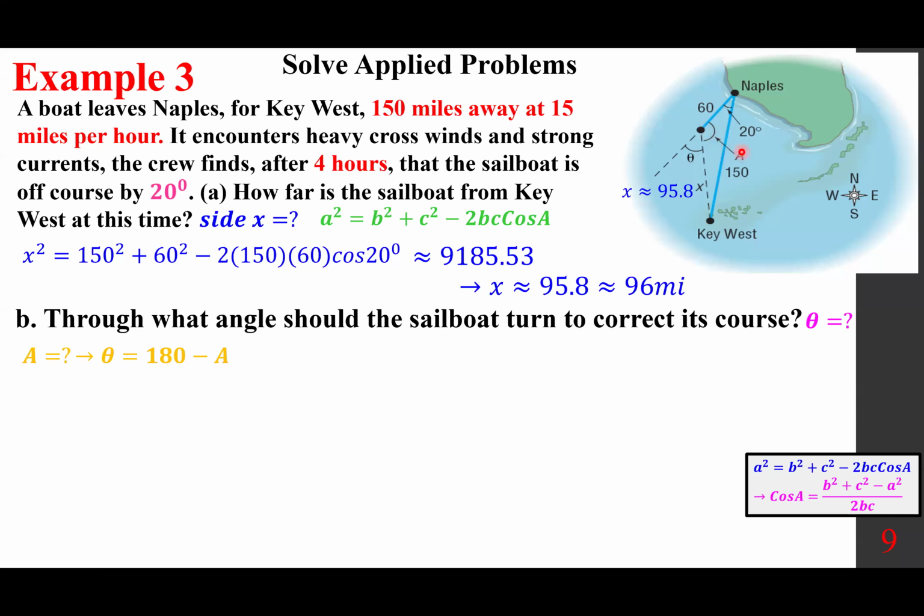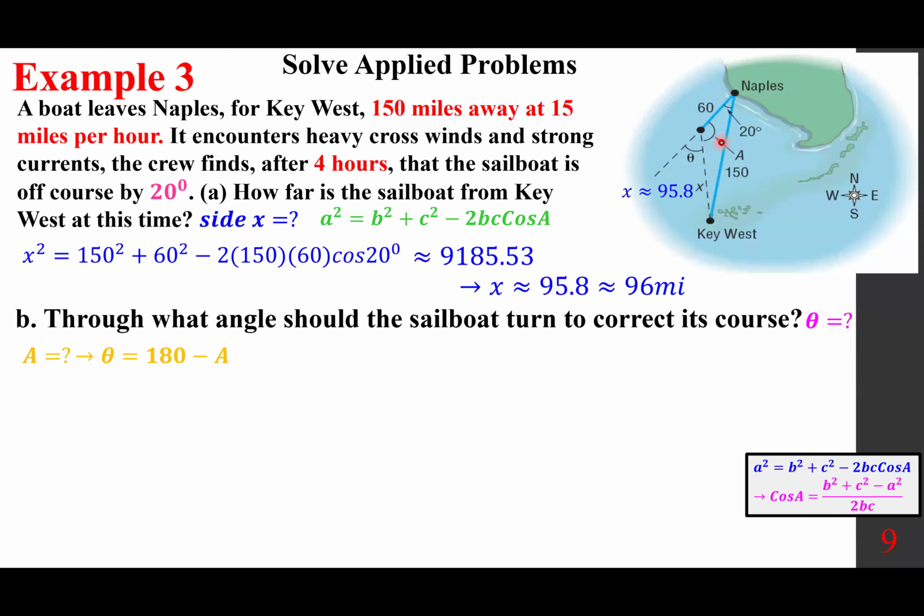If we could find A, then theta would be 180 minus A. And the reason we can, because if you go back to the triangle, all sides are known now. So this is 60, this is 150, this is almost 96, 95.8. If we have all sides, we can find all angles. Of course, one of them is 20 degrees, but this is what we want.